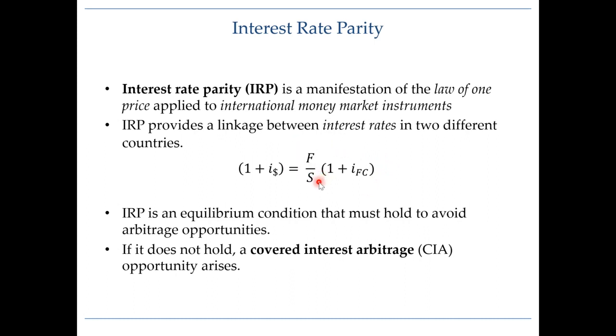If you take that same $1, convert it into foreign currency at the spot rate and invest it at the foreign interest rate, and then you hedge your foreign exchange risk using a forward contract. Again, we have a separate video on the derivation of this equation, so make sure to watch that.